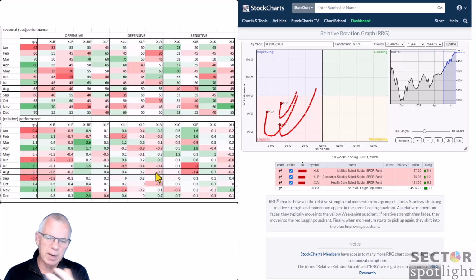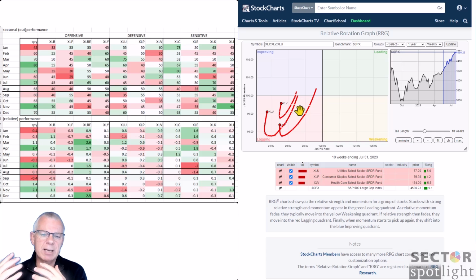So despite the fact that they're picking up a little bit of momentum, they're still inside lagging. They're still way to the left, low reading on the RS ratio scale, and the movement to the right on the RS ratio scale is still very, very limited. So I'm going to judge these hiccups as exactly that, as hiccups, and leave them for now.